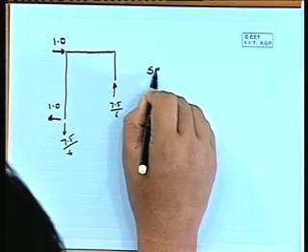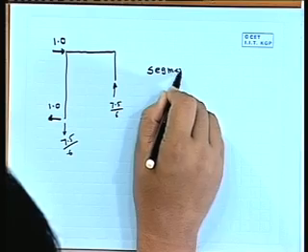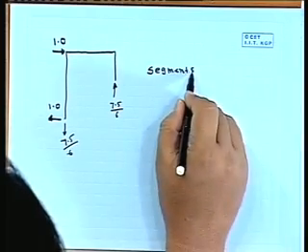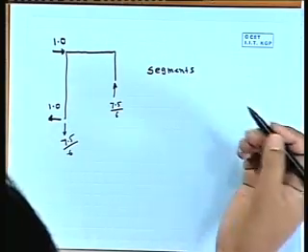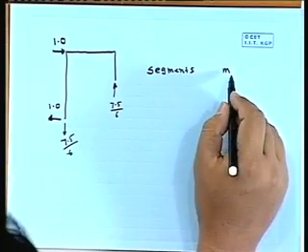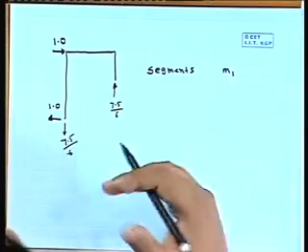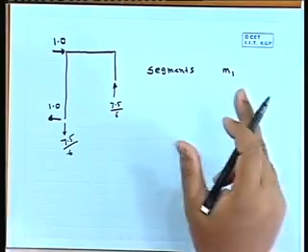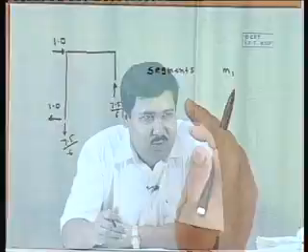We can write the segments and call it m, or m1. We can find out deflection at other places, and define those as m1, m2, m3 like this.